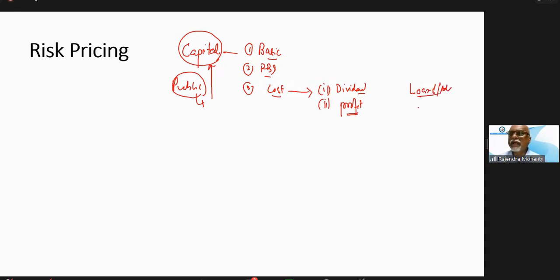So where do you get profit? Which area does the bank's main profit come from? Interest income. Basically loans and advances, and definitely some investment or treasury. These are the areas from where the profit comes. So these are the two costs involved in maintaining the capital, apart from the 3 things I have given you.